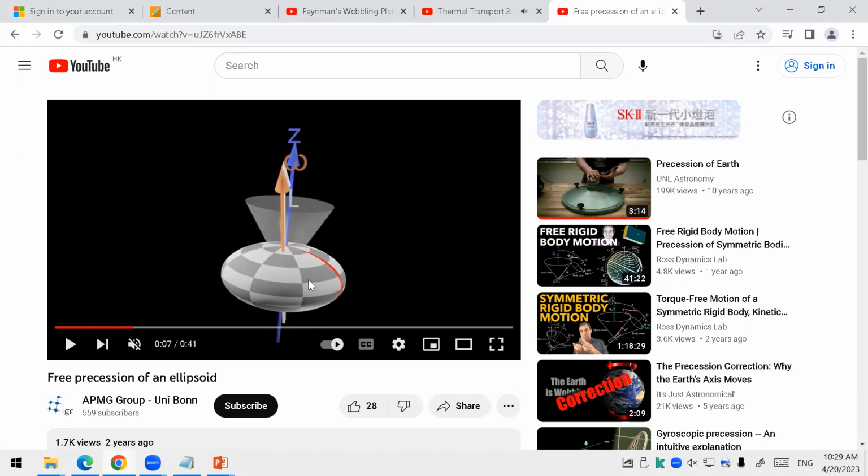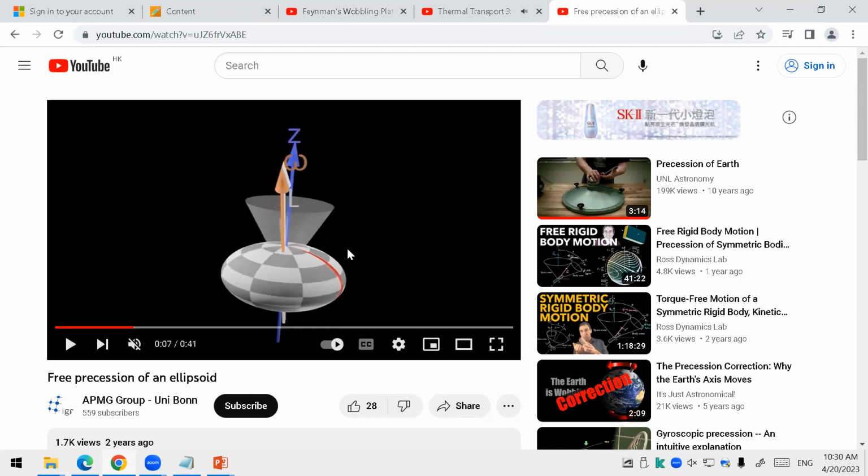I'm not actually going to calculate the moment of inertia of these shapes, but you can just consider two limiting cases. If you have a perfect sphere, then the moment of inertia for all three directions is the same. If you compress the sphere all the way down to become a plate, then you have that ratio of 2.